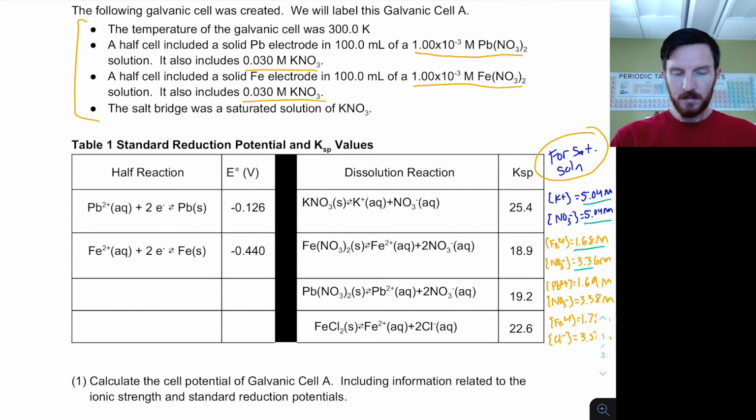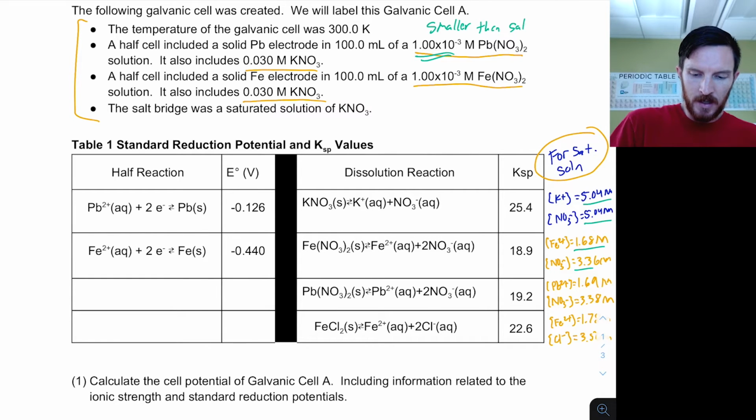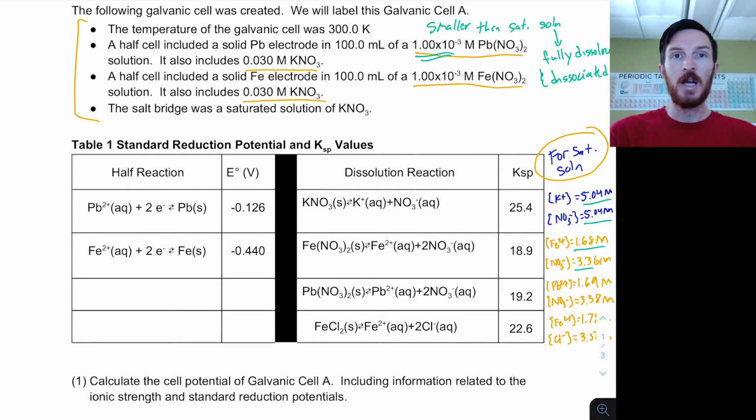We can connect that to the fact that what we have present here are smaller concentrations than a saturated solution, and what that tells us is that the amount will be fully dissolved and fully dissociated in those different solutions. That gives something helpful for us to know when we're thinking about whether these are fully dissolved or only partially dissolved in our solution.